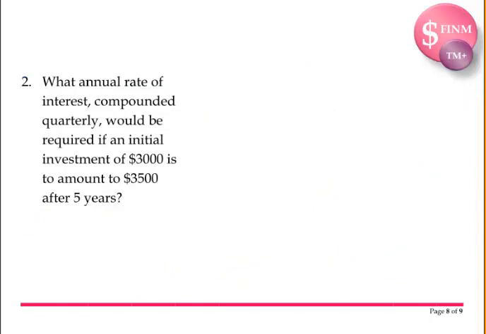Next, what annual interest rate, compounded quarterly, so there's our key, would be required if an initial investment of $3,000 is to amount to $3,500 after 5 years. So we have principal is $3,000, our end amount is $3,500, my n is going to be 5 times 4, which is 20.